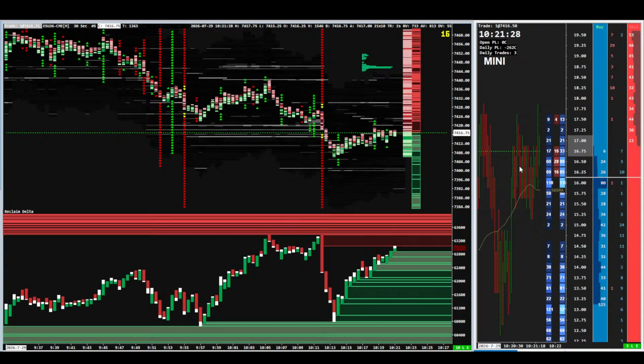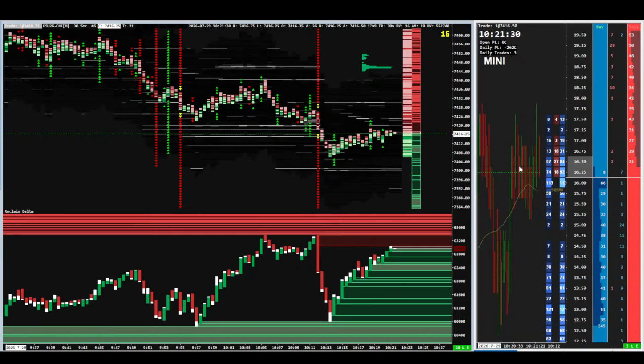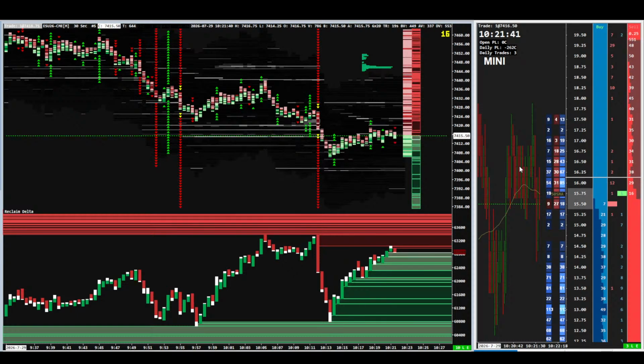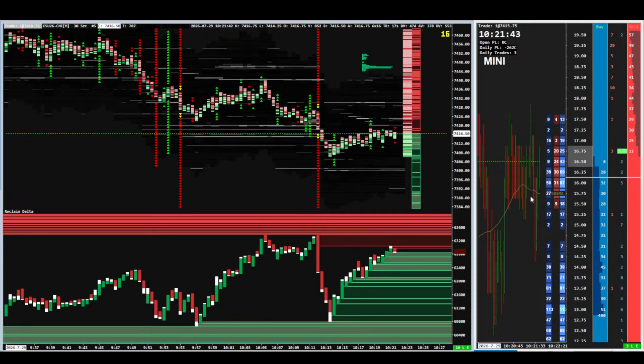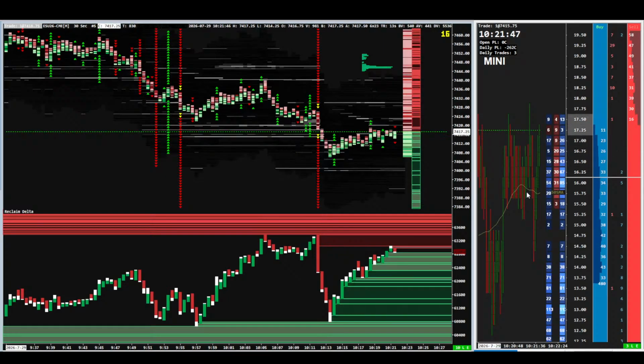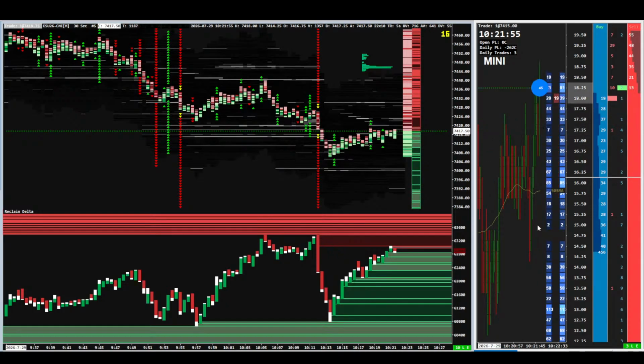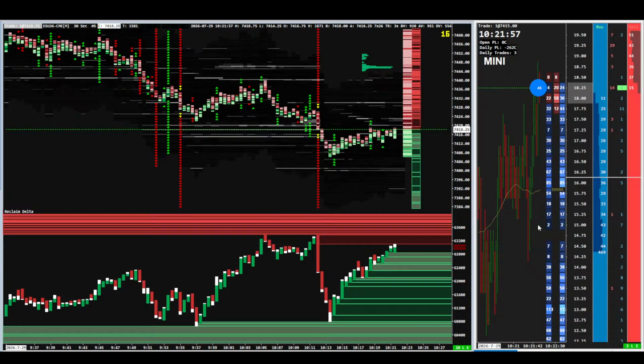Starting to flip. What is the deal with this flipping? I'm getting on the upper side of it too.